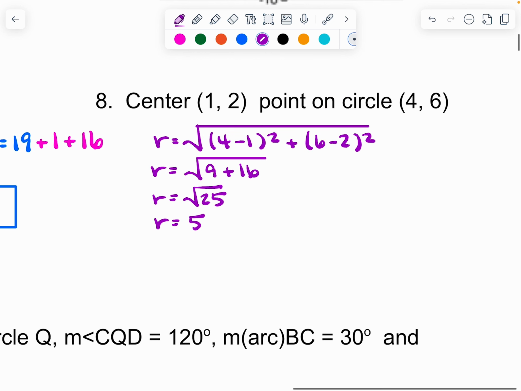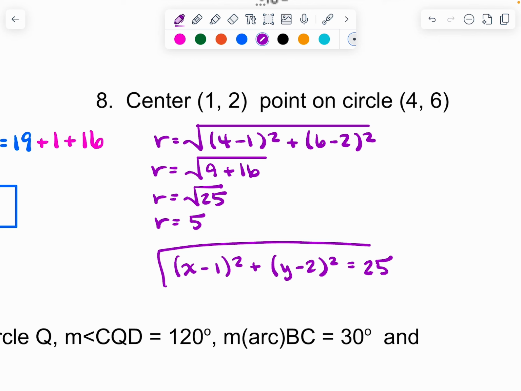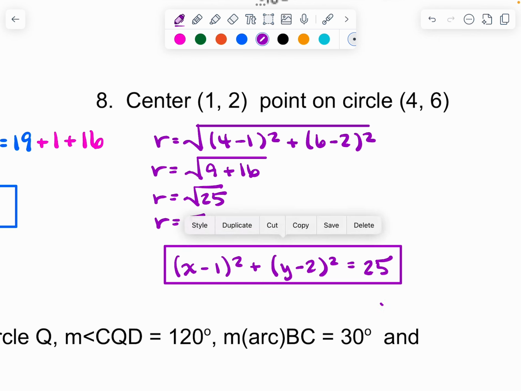Well, now that I know the radius, now I can write my equation, right? So use my HK center, x minus 1 squared plus y minus 2 squared equals, and then I need my r squared value, so 25. Voila.